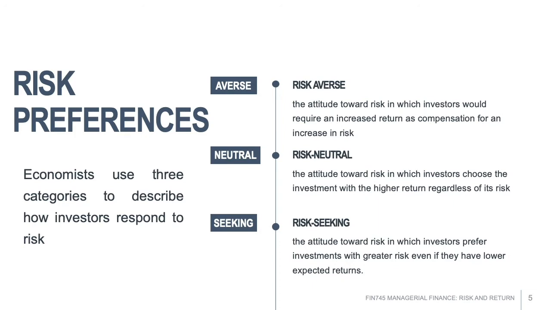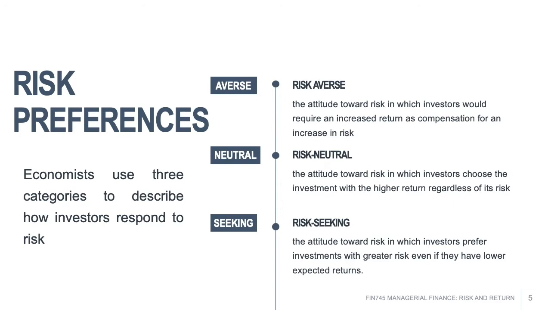So most investors fall under risk-averse. The second one is risk-neutral. Risk-neutral is the attitude toward risk in which investors choose the investment with higher return regardless of its risk. So a risk-neutral investor does not care about the amount of risk in the investment.